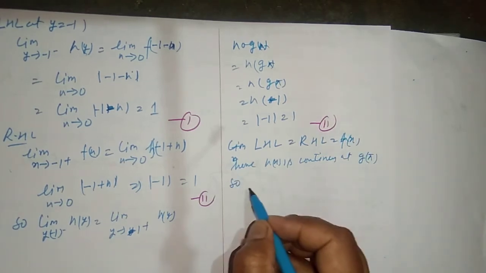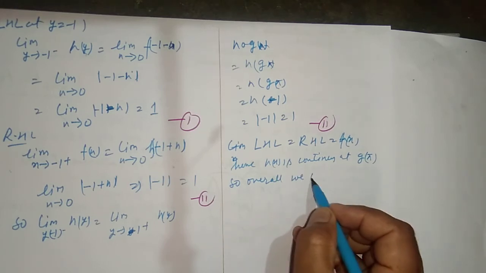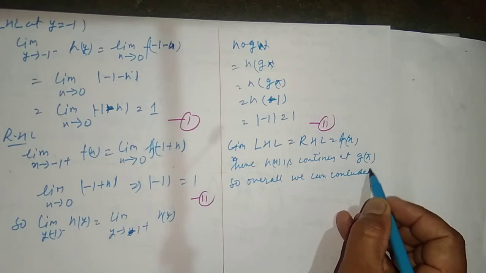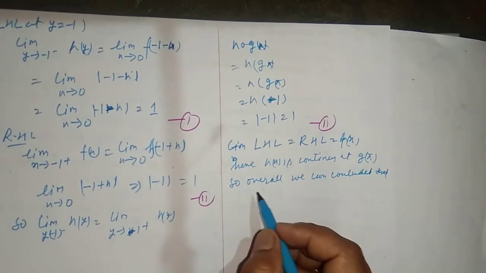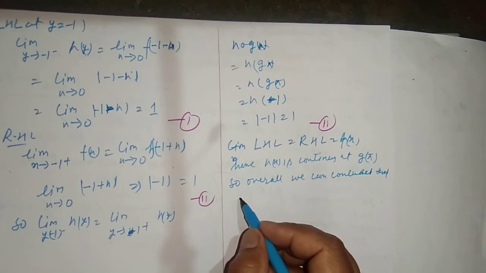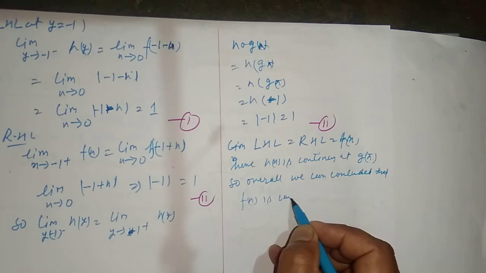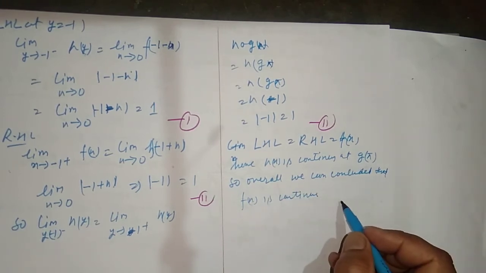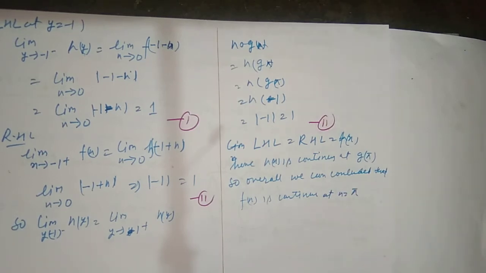So overall we can conclude that g(x) is continuous, f(x) is continuous, clear, at x equal to π, clear.